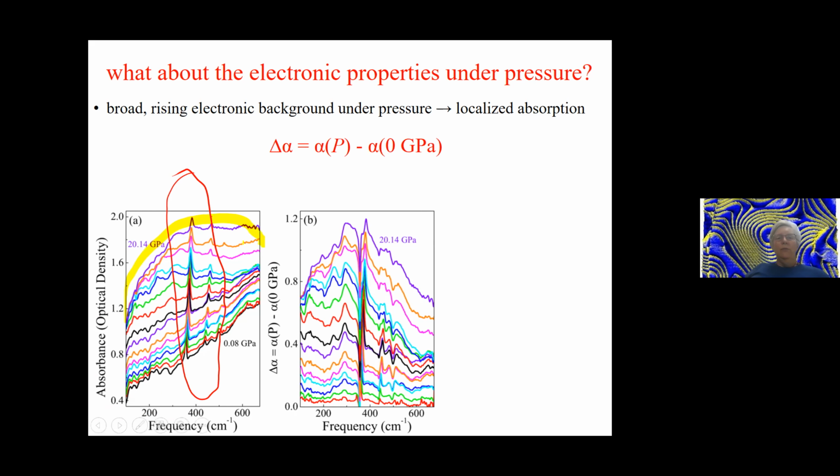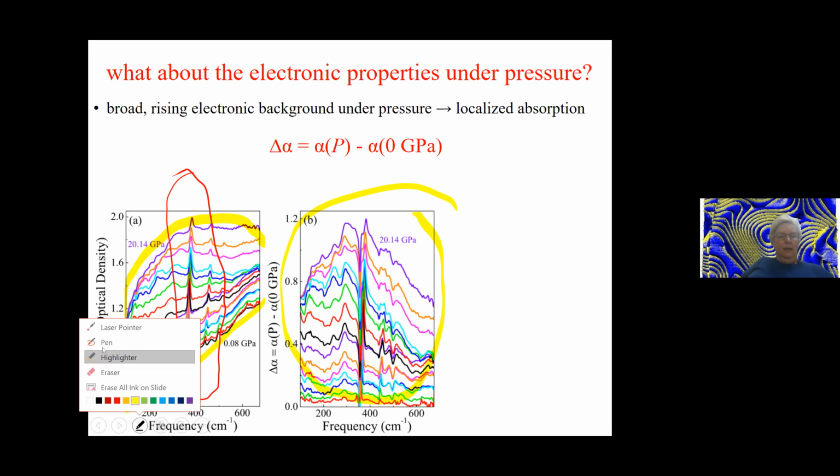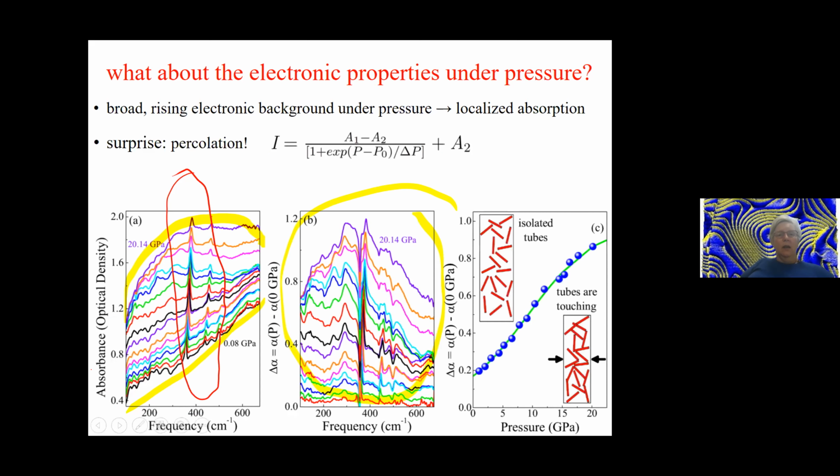Okay, so if we calculate a different spectrum, say absorption under pressure minus that at zero pressure, what we subtract then is this gradually rising background, and we get this kind of thing shown here. So this is really just an absorption difference, emphasizing the growth of this localized absorption in the far infrared under pressure. And so, in fact, we could model this effect by percolation dynamics.